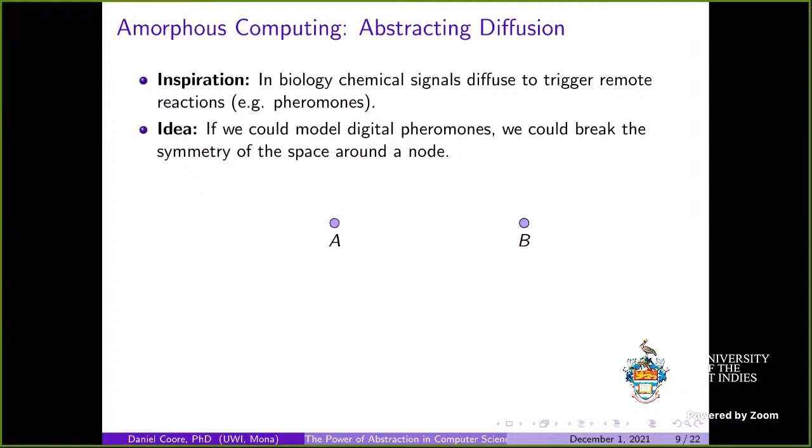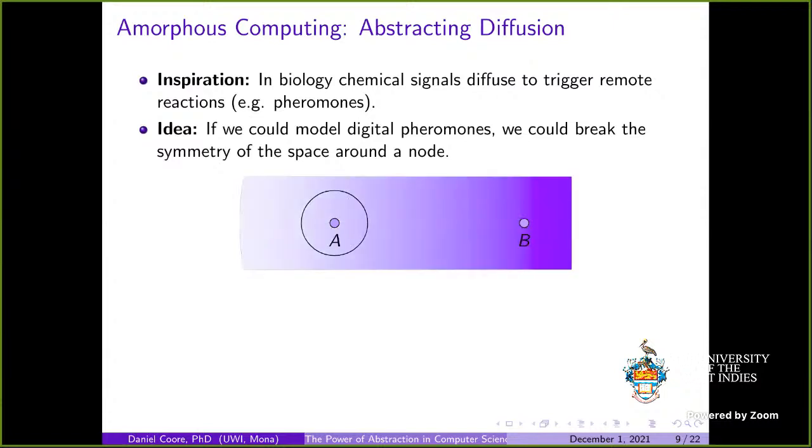That was a thought. Here's an illustration of what I mean. So I have these 2 points A and B, and at this point, the neighborhood, everything around them is the same. It's all just white. There's no way to distinguish any direction. Let's focus on A for the moment. A has no way to tell which direction is closer to B or further. But now imagine that B is somehow able to diffuse a substance.